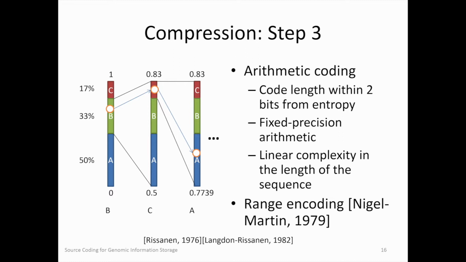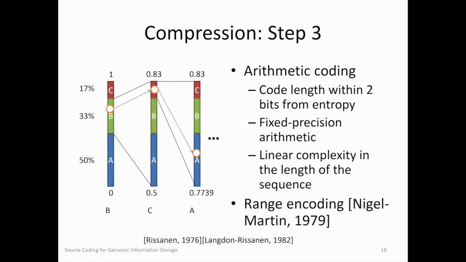Next, I'm going to split the green region again according to the probabilities. Suppose that the next symbol I want to represent is C. Now I'm going to use a real number in this red region, and so on. Maybe the next symbol I want to represent is A, then I will use a dot in the blue region.